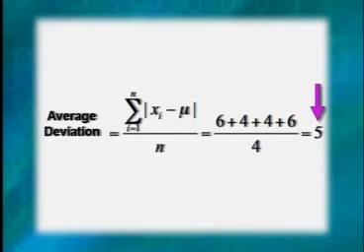That is the average distance away from the mean, and it seems like a good measure of dispersion. However, it turns out that this measure is not the most commonly used measure of dispersion. The most commonly discussed measure of dispersion is called the standard deviation. It's a little more complicated than this, and I'll tell you why in a few minutes.